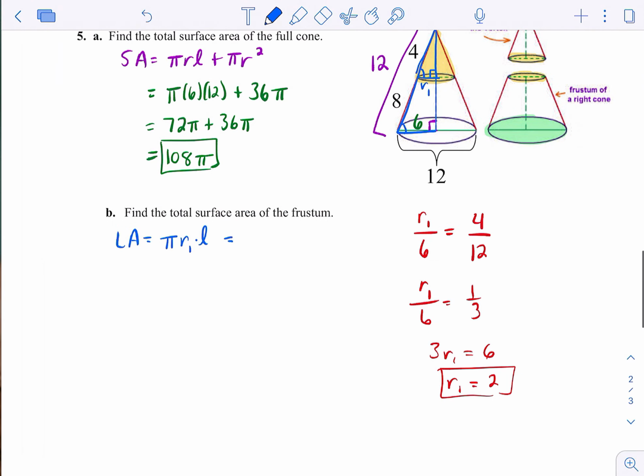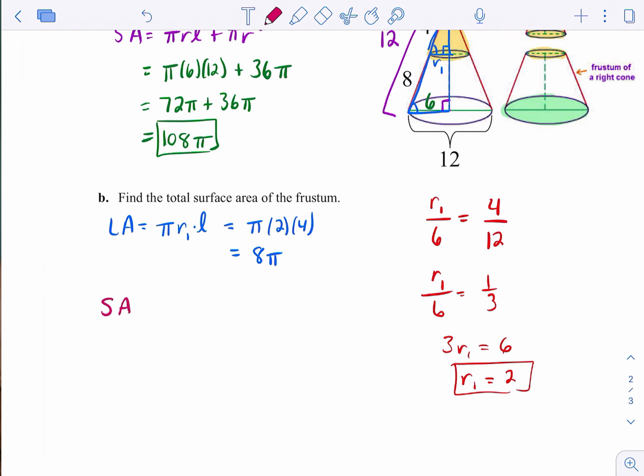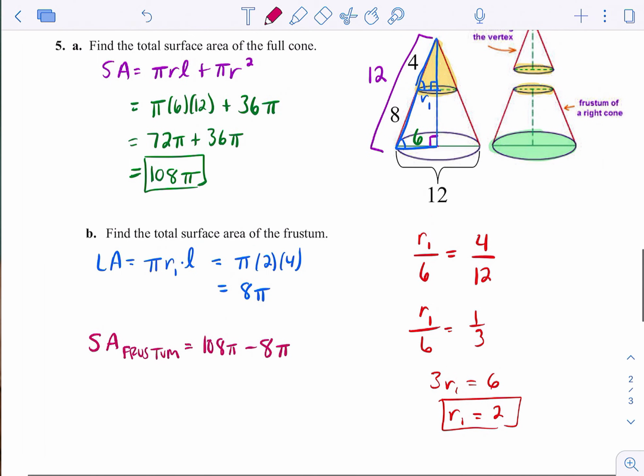All right, so then that makes this pi times 2 times the slant height of 4. So it has a lateral area of 8 pi. So for my total surface area of the frustum, it's going to be the surface area of the full cone that I found, subtract the upper cone lateral area, which is 8 pi, and then now, we did not ever include that circular base.